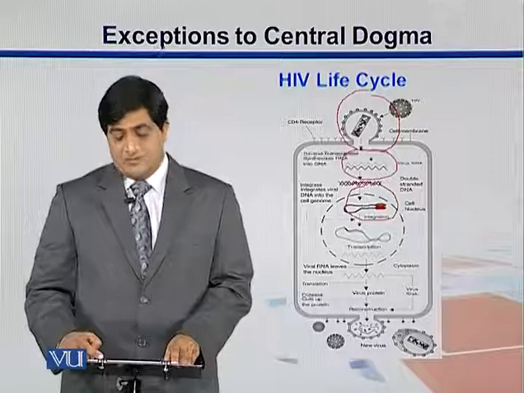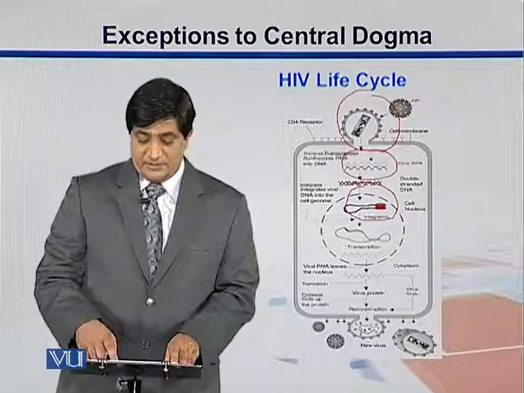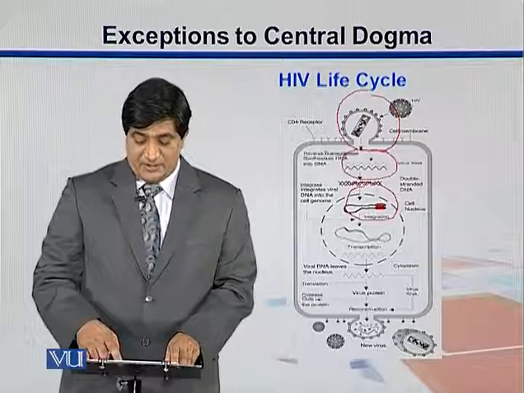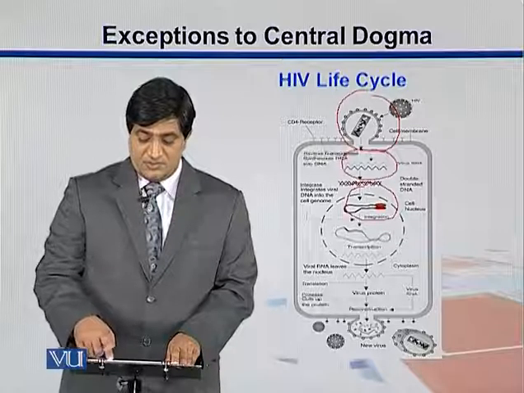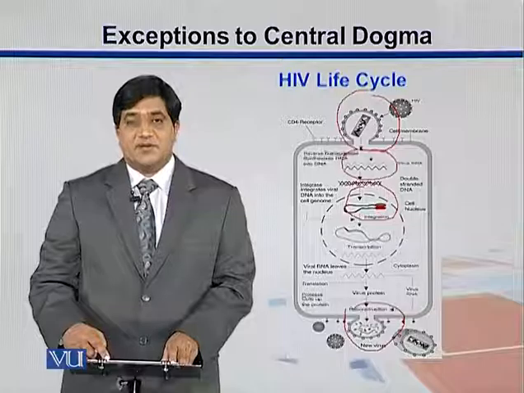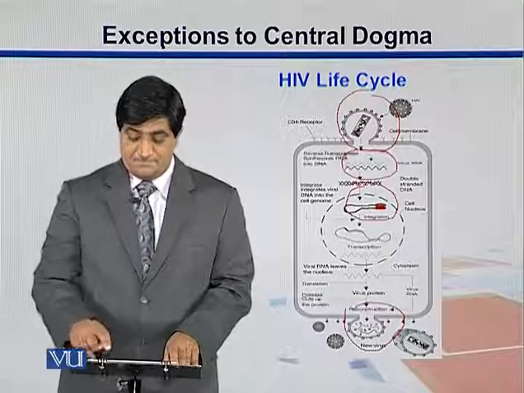So it forms the RNA, and many copies of the RNA are there. And then when it wants to leave that cell, that RNA gets packed again, using these proteins which are embedded into the cell membrane of the host cells.